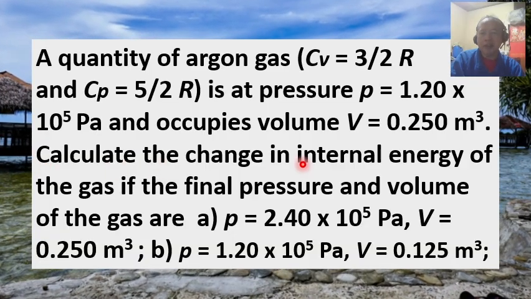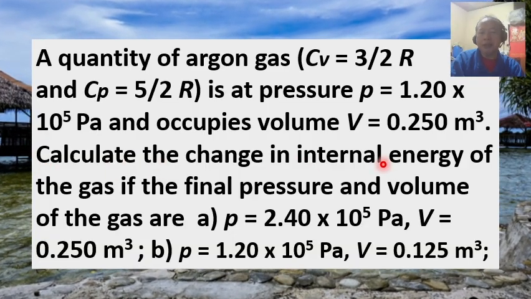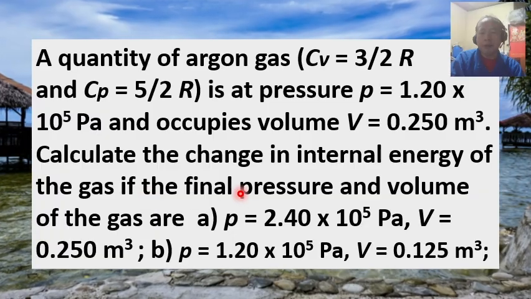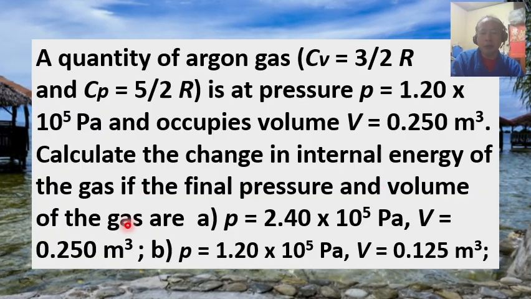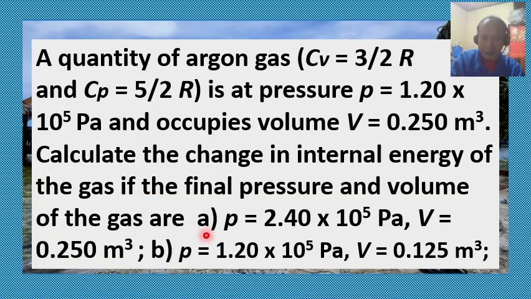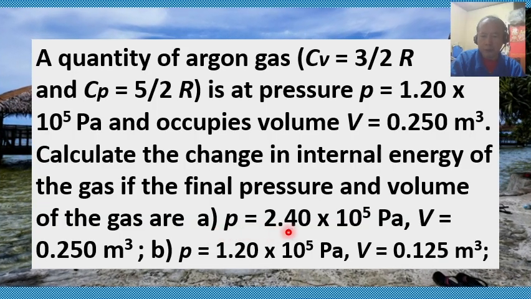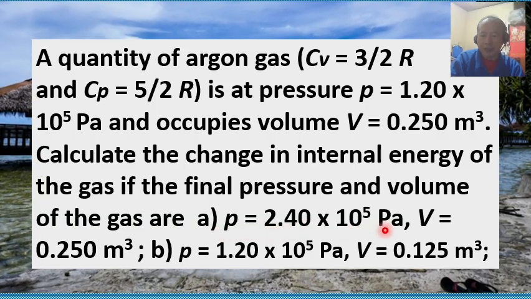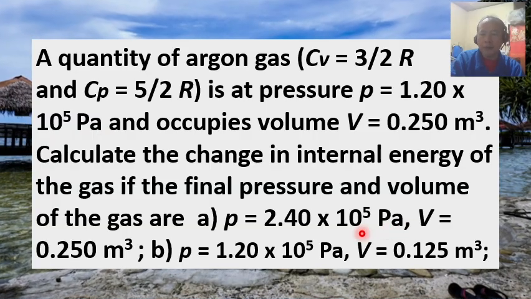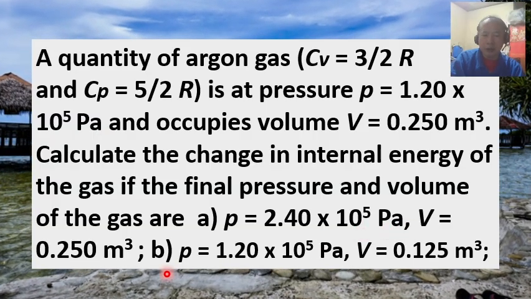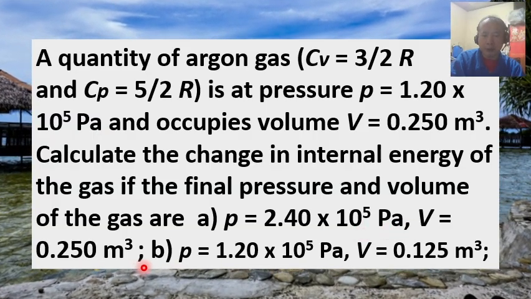Calculate the change in internal energy of the gas if the final pressure and volume of the gas are, letter A, the pressure P equal to 2.40 times 10 to the fifth power Pascal, while the volume V equals 0.250 cubic meters.